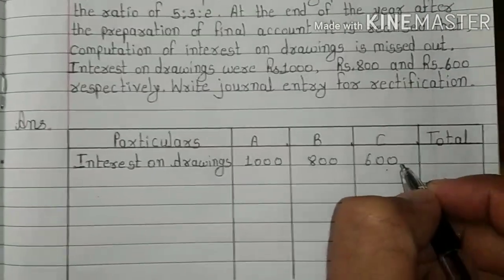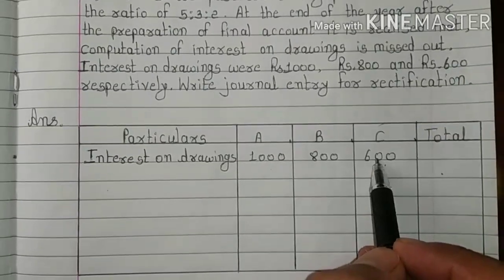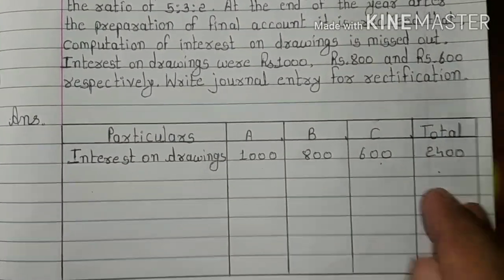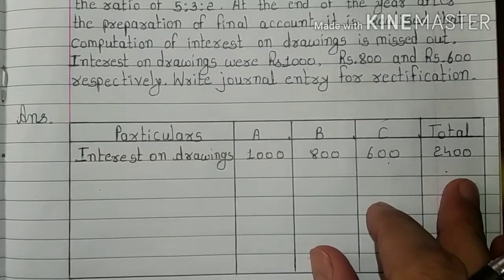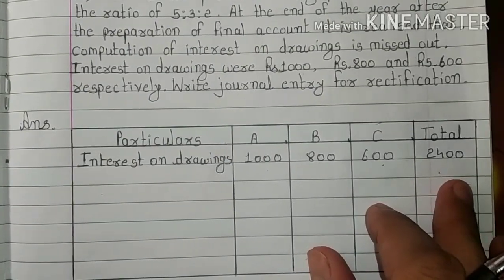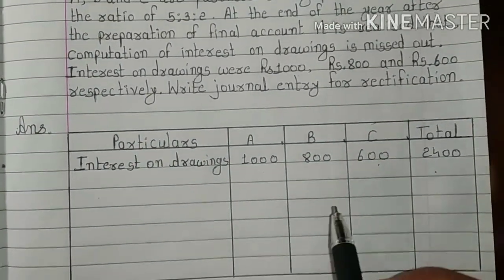The total of all these three amounts is 2400. Okay, as you know that, or as I explained, interest on drawings is an expense for the partner.